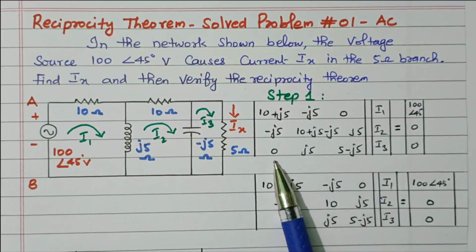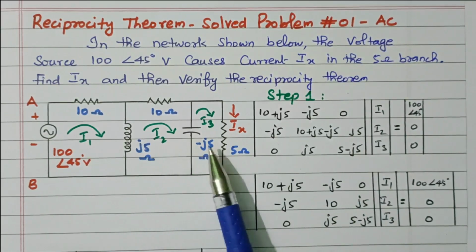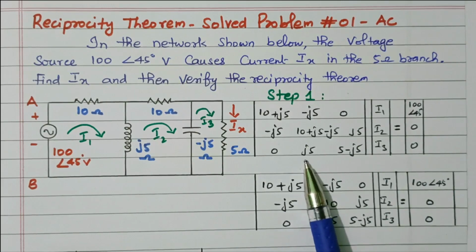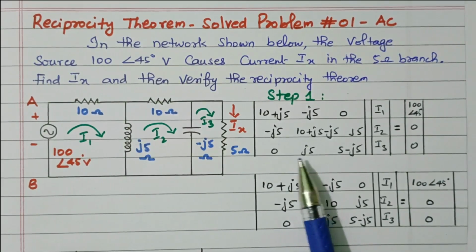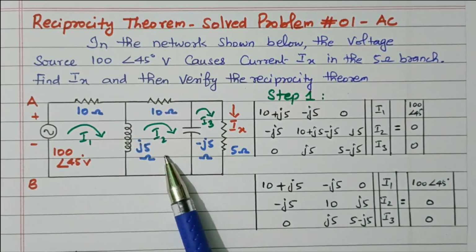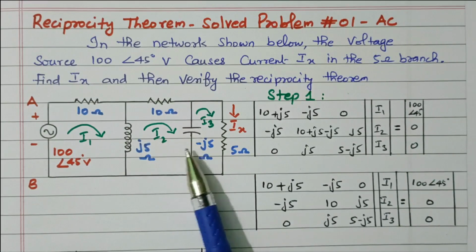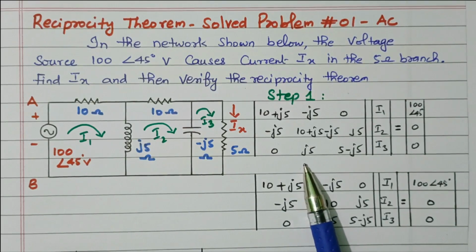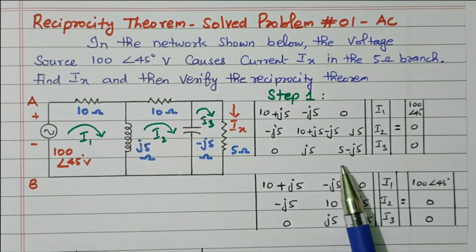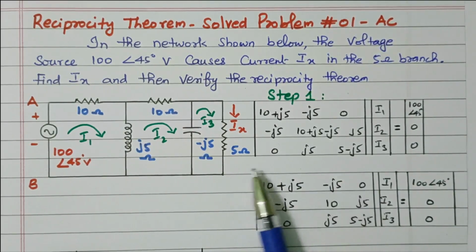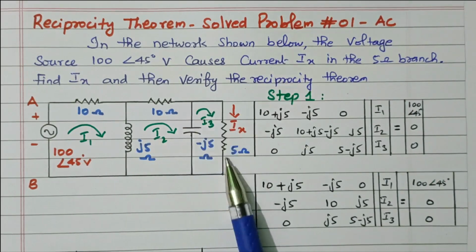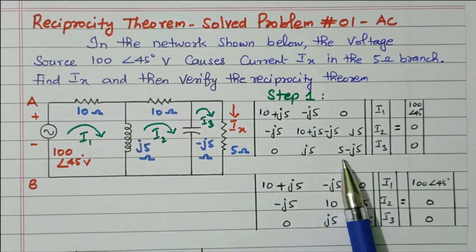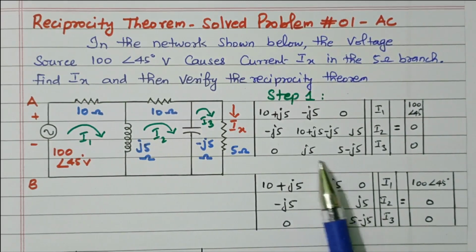Then R31, between third loop and first loop, is 0. Then R32, third loop and second loop, minus J5, and with the minus already there it becomes plus J5. R33, the impedance available in the third loop, is minus J5 and 5 ohm, so 5 minus J5.